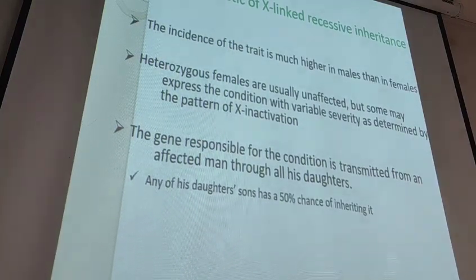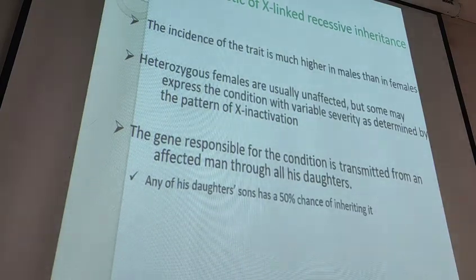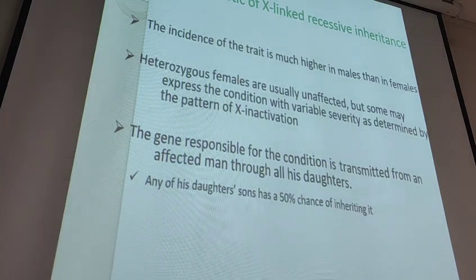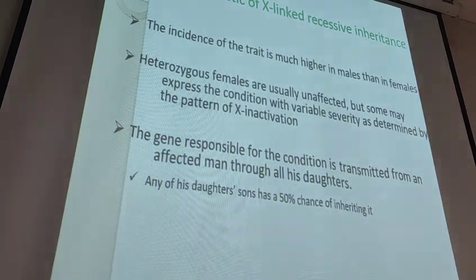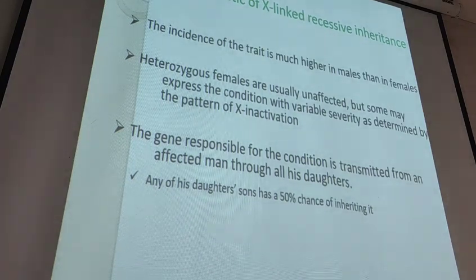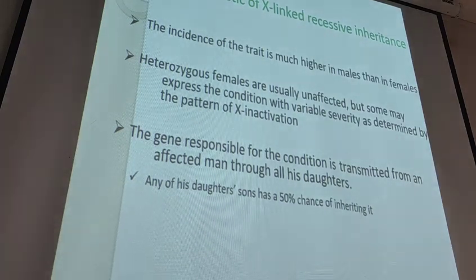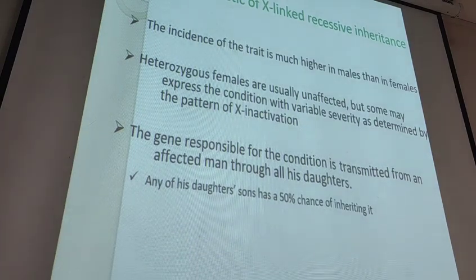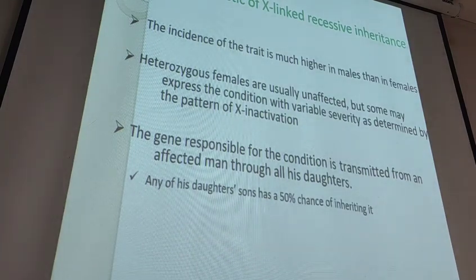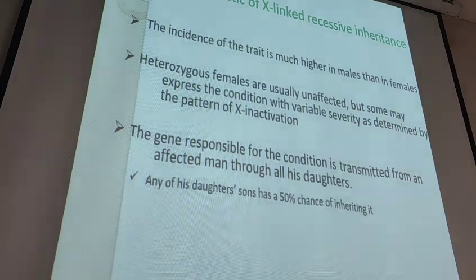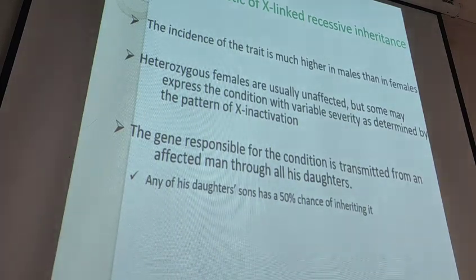X inactivation. It means normal X is inactivated. The mutated X is not inactivated, is active, but they cannot produce the protein, they cannot express the gene. So in some degrees, maybe the females will have some symptoms.